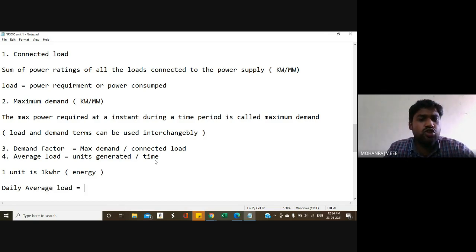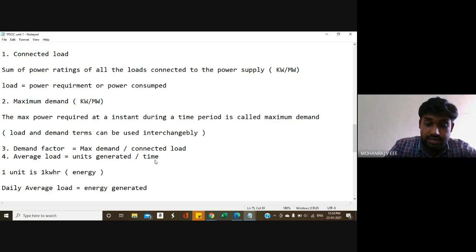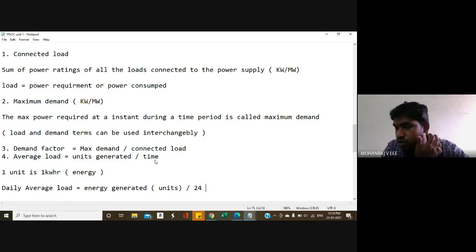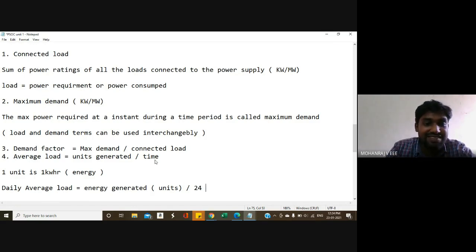So daily average load is equal to energy generated in units by 24, because we have 24 hours in a day. That is daily average load.